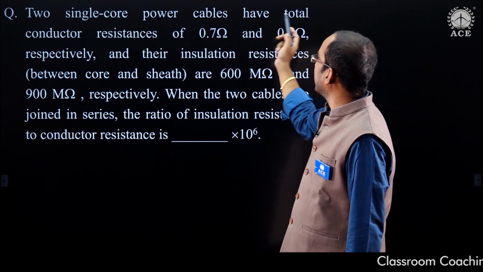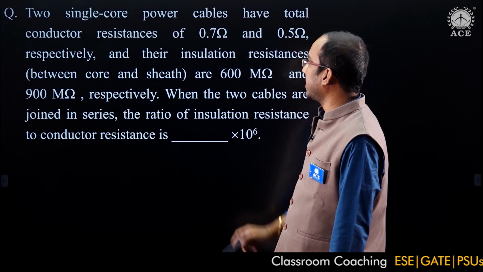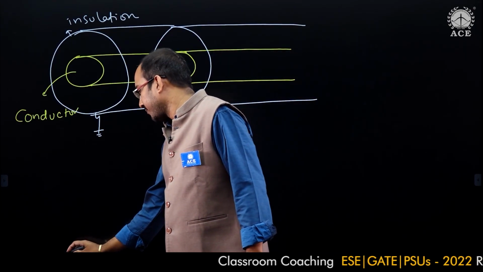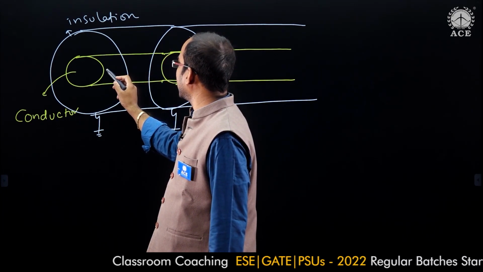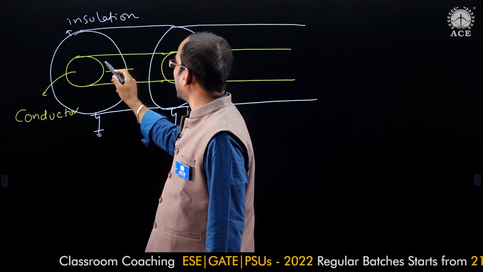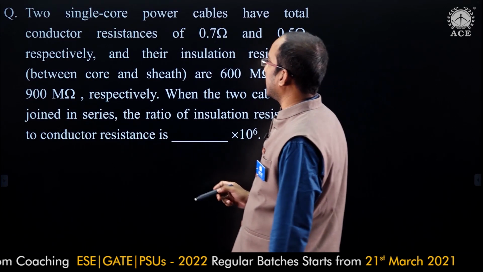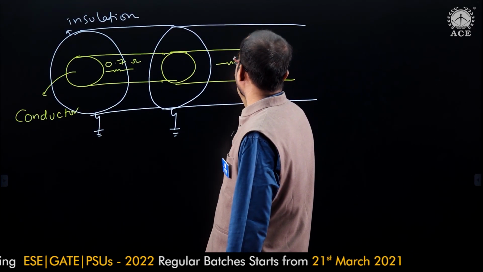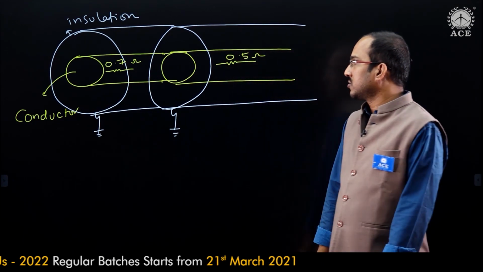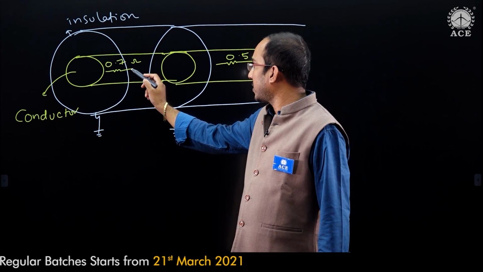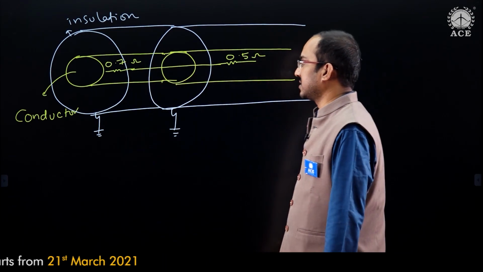Two single core power cables have total conductor resistances of 0.7 ohm and 0.5 ohm. This conductor resistance is 0.7 ohm and the other one is 0.5 ohm. These two cables are connected in series.